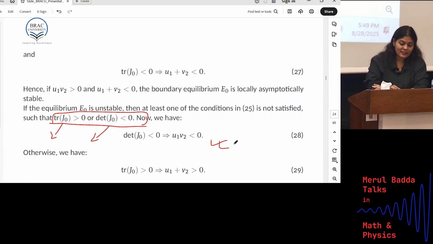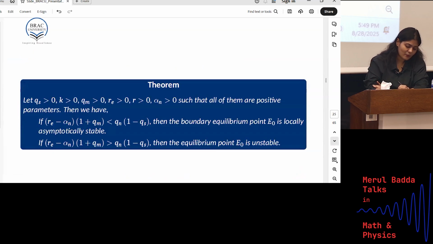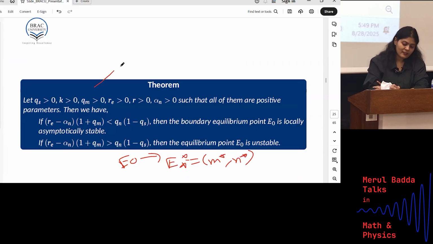Then if E naught is unstable, there exist endemic equilibrium points, which are M star and N star. This is our another theorem: for this condition it is stable, and for this condition it is unstable. How?